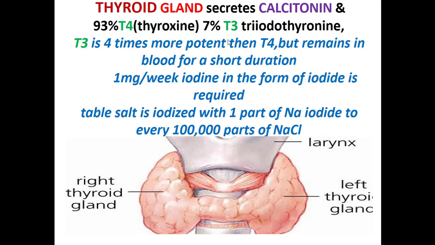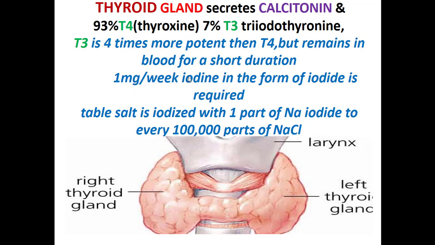Although the T4 is more in quantity, so far as the activity is concerned, the T3 is 4 times more active as compared to the T4. But the T3, which is more potent, its age, or its limit to stay in the blood, is far less as compared to the T4.